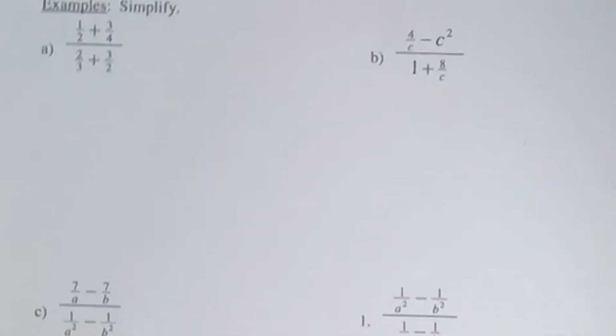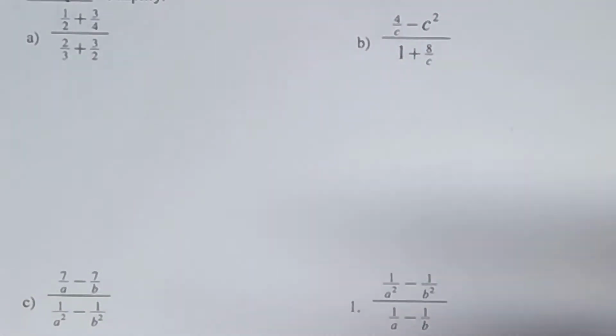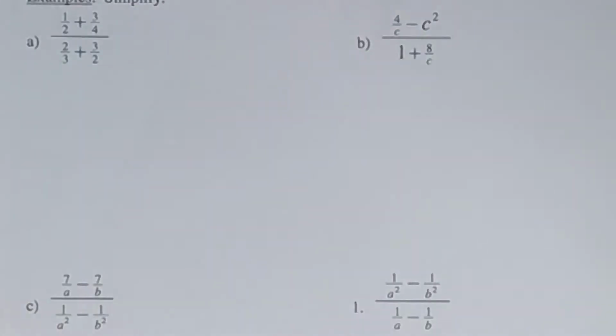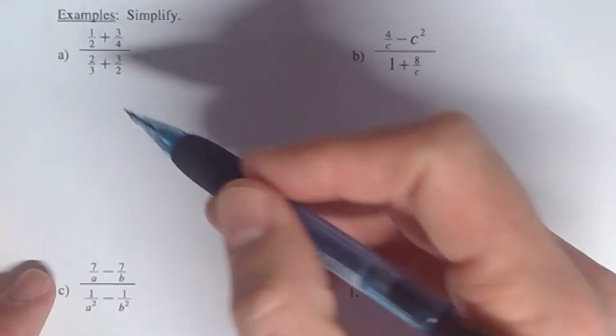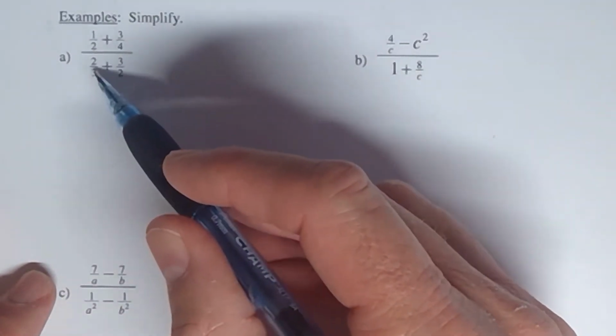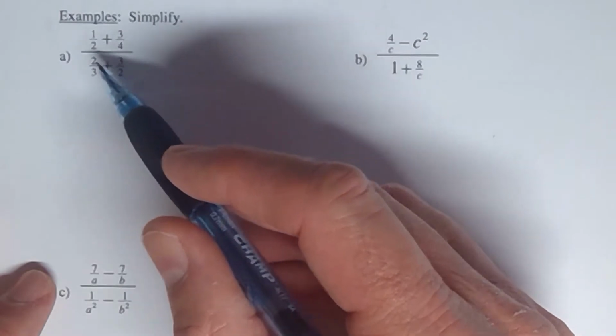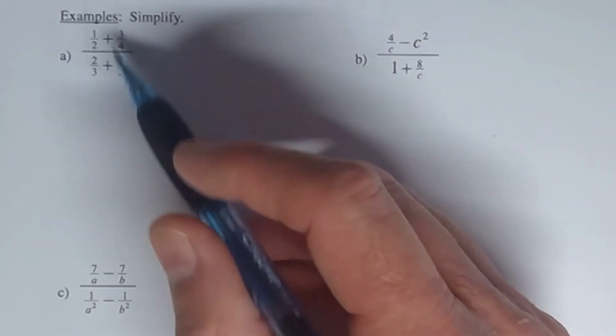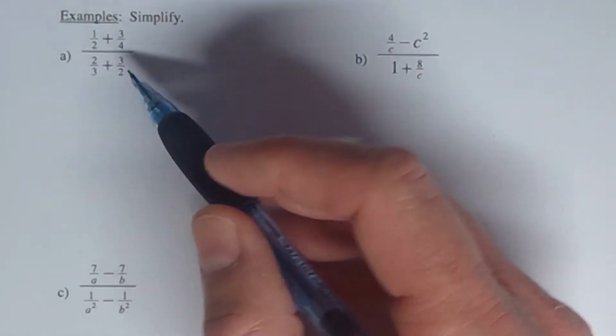So each of these problems is one big fraction, thus the big fraction bar, and then you have little fractions inside of it. All right, so for example, in this first problem, you've got one big fraction with four little fractions inside. Two on the top of the big fraction, in other words, above the big fraction bar, and then two more fractions down below.